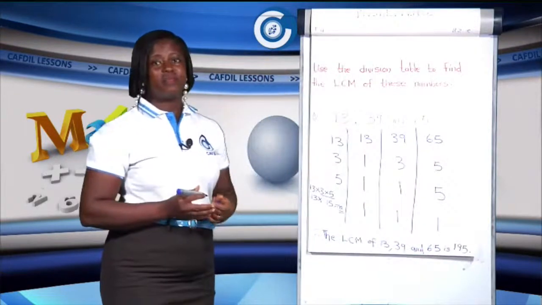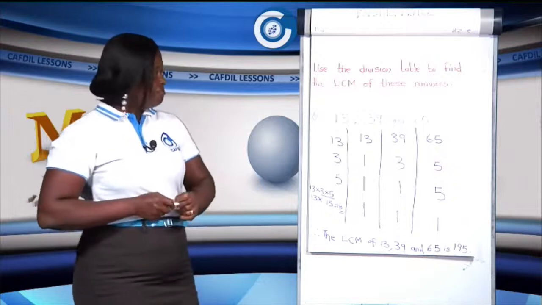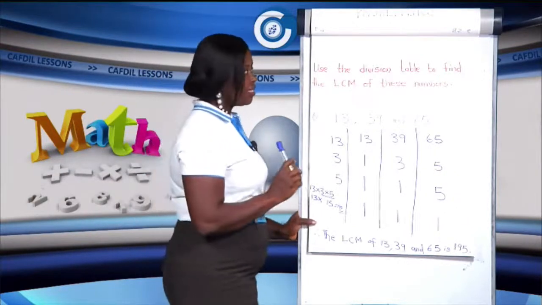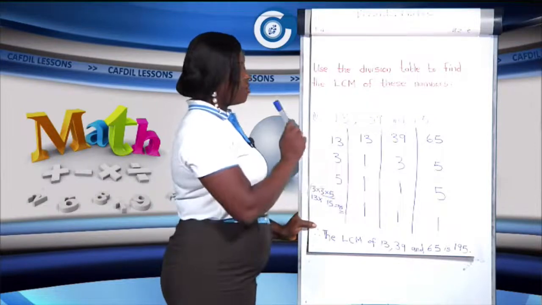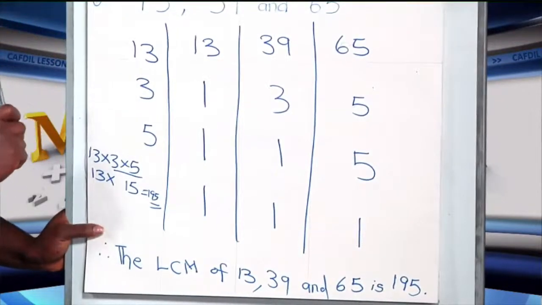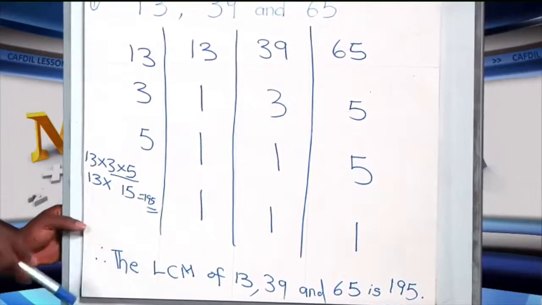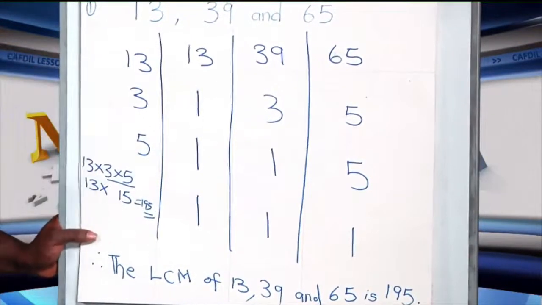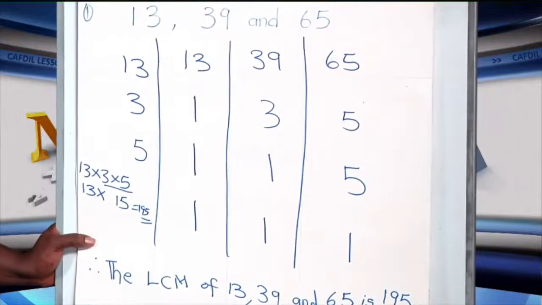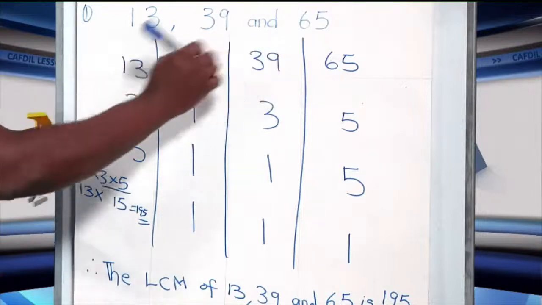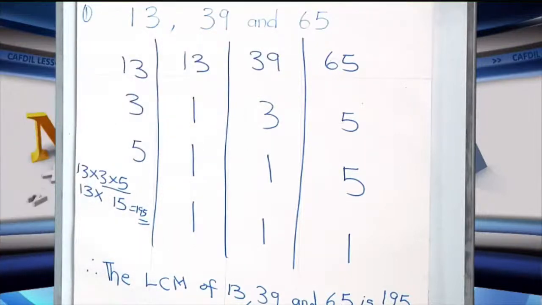We are done. Unlike the HCF, where we only multiplied the start numbers, this time with the LCM, you multiply all the divisors, then their product becomes the LCM. So the LCM of 13, 39, and 65 is 195.